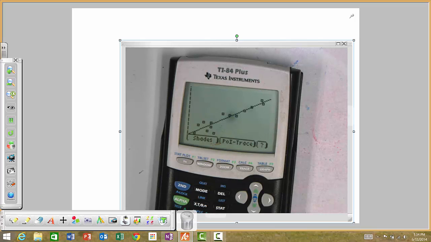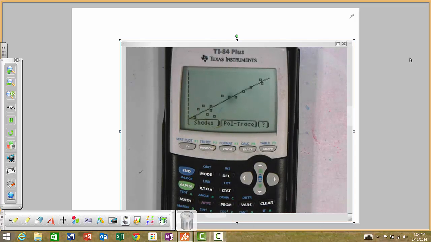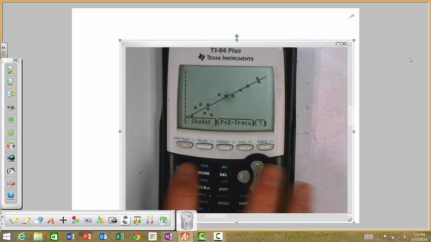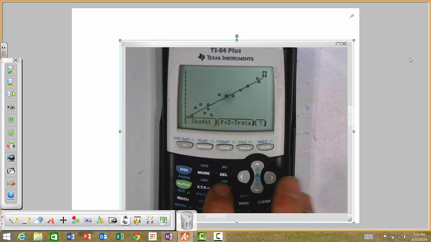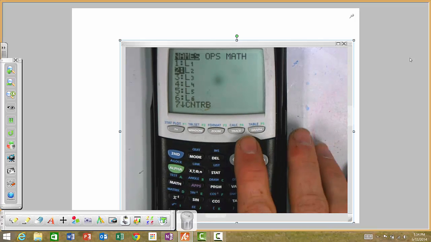Now, the next thing down at the bottom is about sketching the residual plot. So let's see if we remember the steps to get that done. Okay, let's check those steps again. We have to go into list, which is second stat, and I go down to my residuals.